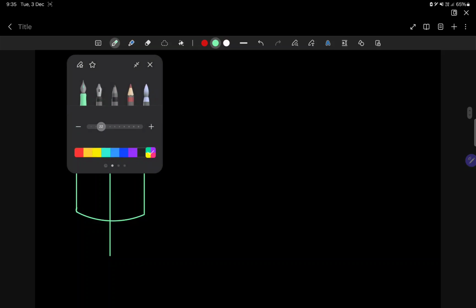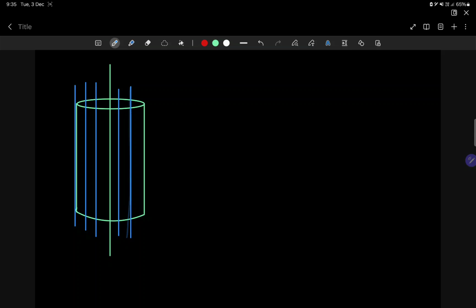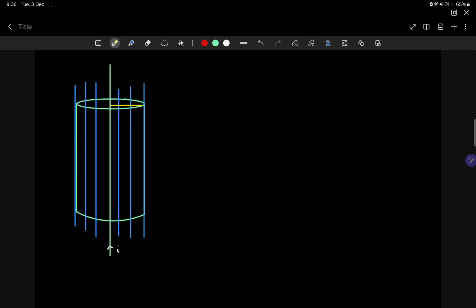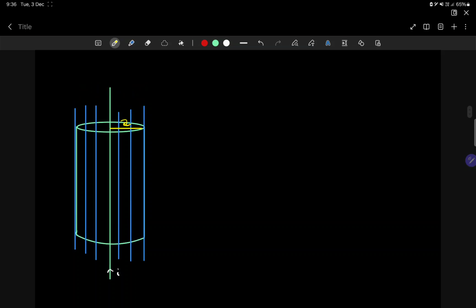The current through it, let it be I. So through its cross section, I amount of current is flowing as per the given data, and let the radius of this cylindrical wire be small a. Small a is the radius of this cylindrical wire.